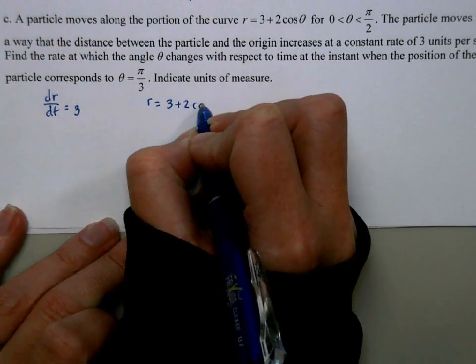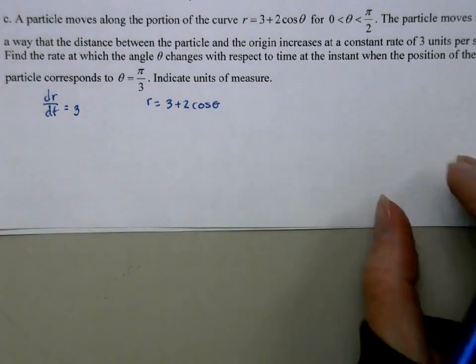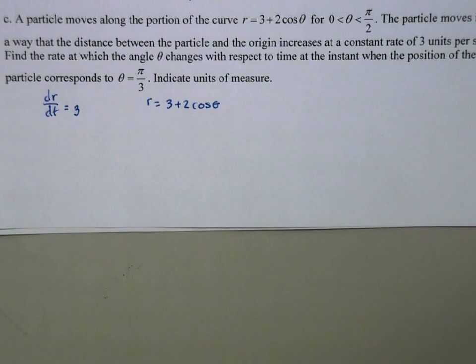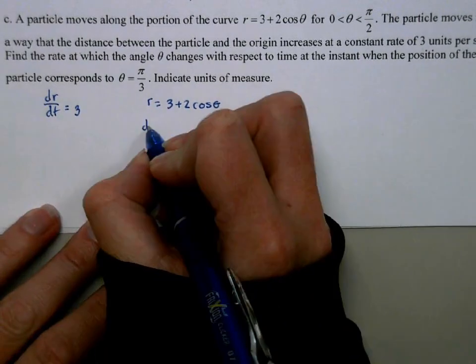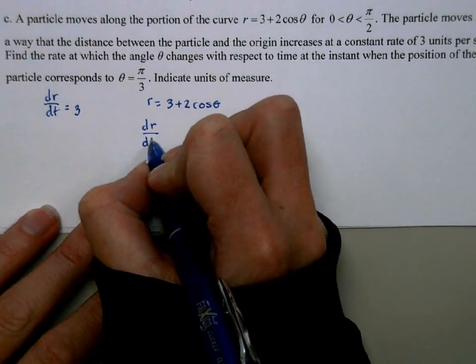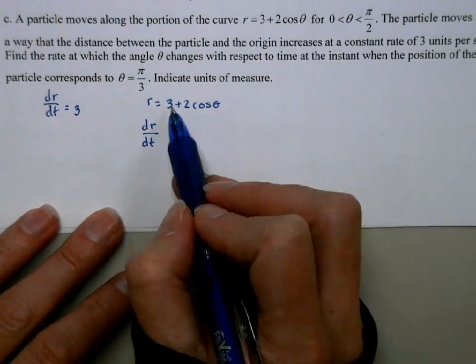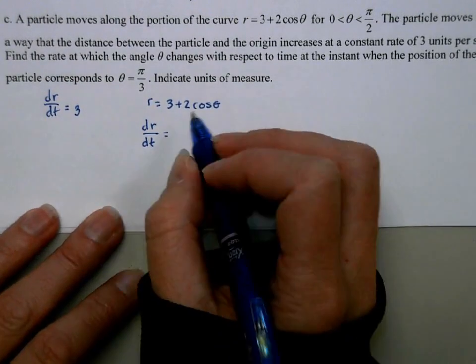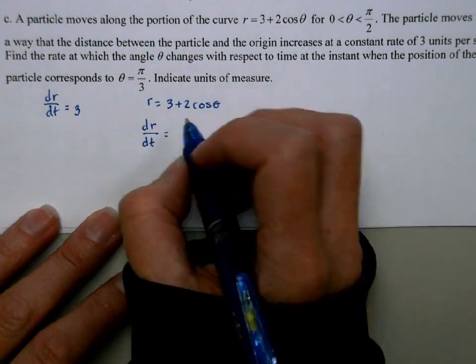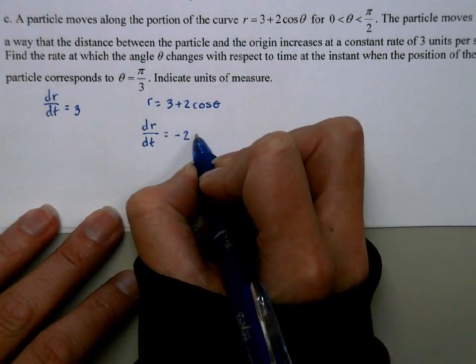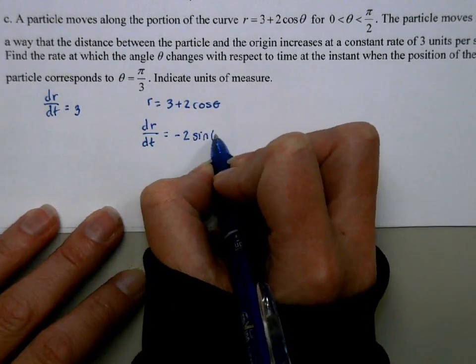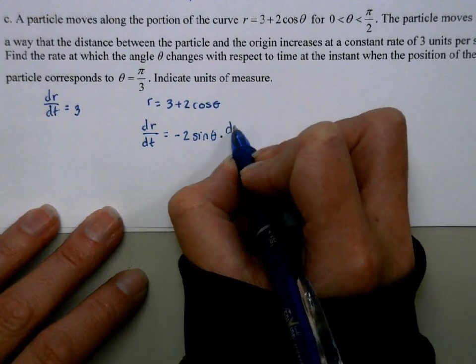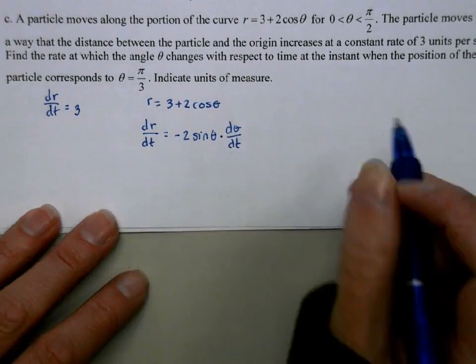So all of a sudden, this is a related rates problem. So if we take this derivative with respect to time, we're going to have dr dt. 3 goes to 0. We'll have a negative 2 sine theta times d theta dt. What we're solving for is the rate at which angle theta changes, which is this piece here.